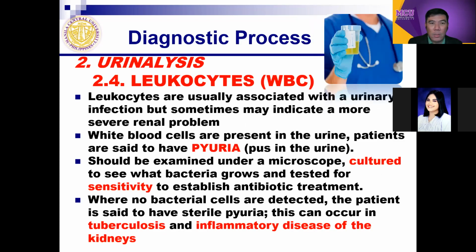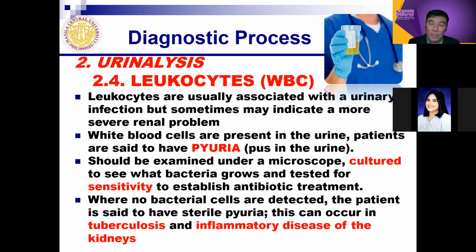There is elevation. Next po, as we have mentioned, we have what we call leukocytes. Presence of WBC is an indication of urinary tract infection. However, there could be a possibility that the cloudiness of the urine, as we mentioned in the clarity, could be due to pus in the urine. And that is what we call pyuria.